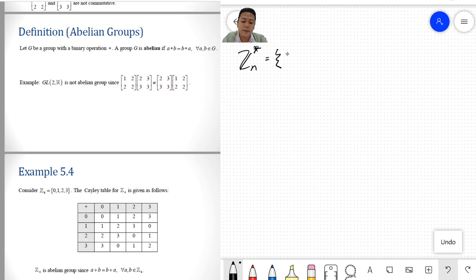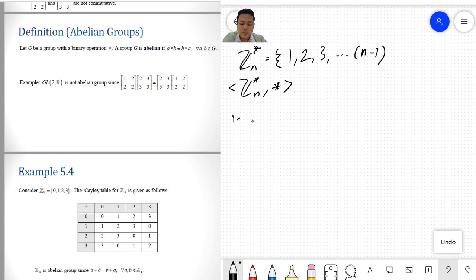You start from the first positive integer, which is 1, then 2, 3, up until n minus 1. And the binary operation of Zn star means the binary operation between the integers inside Zn star, and you take modulo n. It is the same principle as the previous one, with the exception of 0 only.